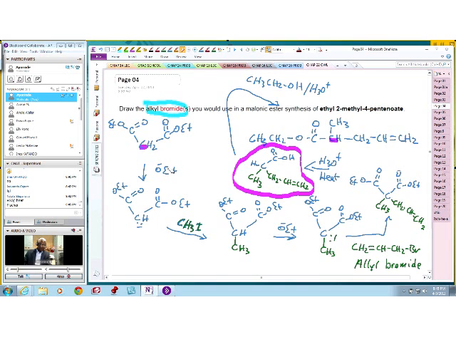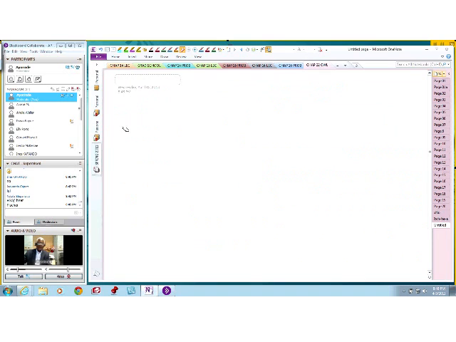So let me make this easy for you. Let me go to a blank page. Without going through the mechanism, you could very well do this in an exam. What we did now, you could just do this. You could say, step 1, ethoxide. Step 2, iodide.